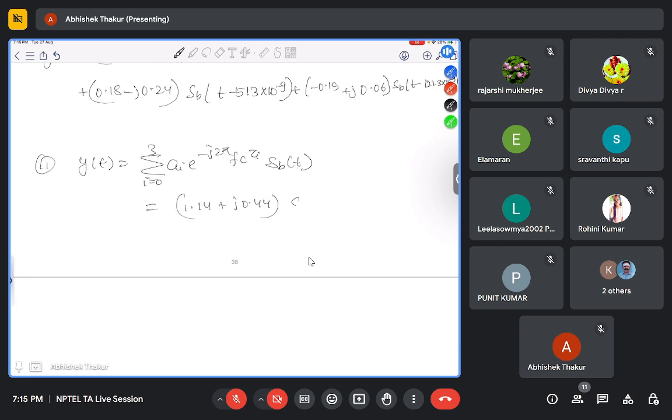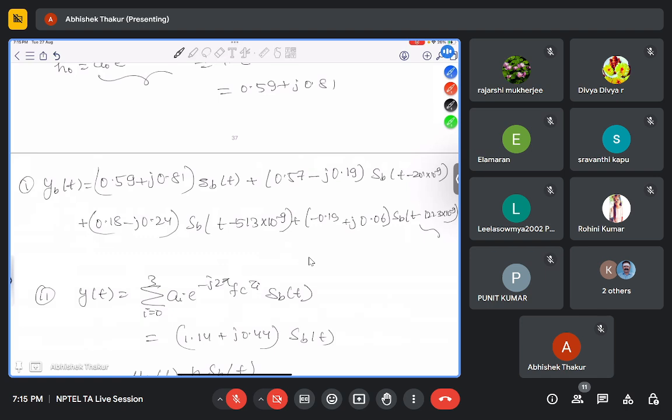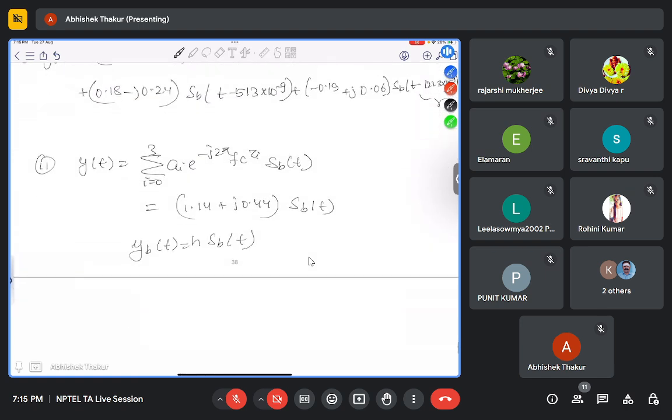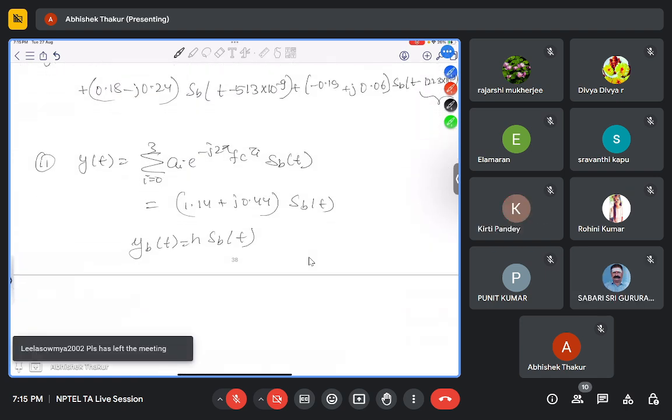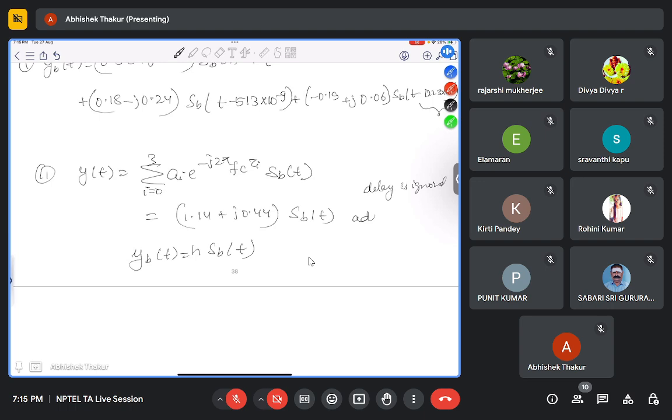When you calculate this, you will get this answer. So y_b(t) is equal to h times s_b(t). When we are assuming the narrowband assumption, then we are not considering this delay part. So this delay is ignored here, and we can directly add the real and imaginary parts.